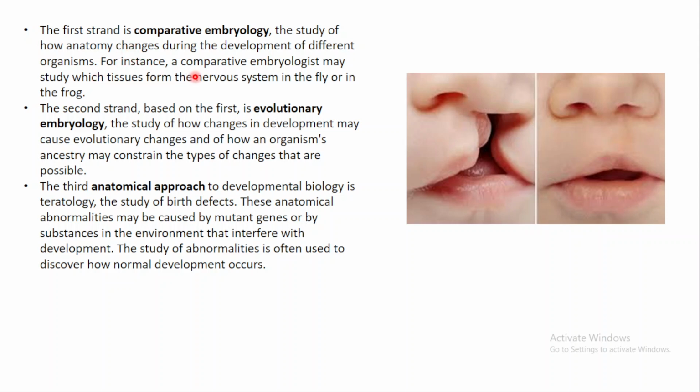For instance, a comparative embryologist may study which tissues form the nervous system in the fly or in the frog. Here is a perfect example: which tissues form the nervous system in a fly and in the frog? Are they a similar kind of tissue? Are they different?